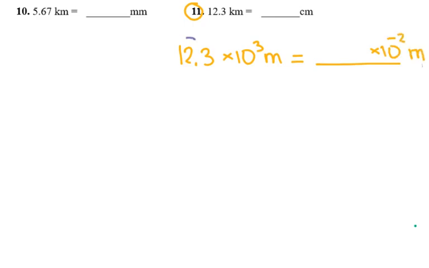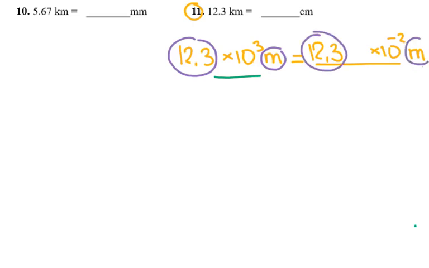So between the number and the meters, I have to keep my positive 3. But what I have is negative 2. So how do I cancel that negative 2? I'm going to add a 5. 5 minus 2 will give me the original positive 3.